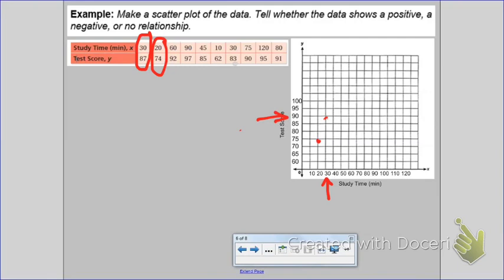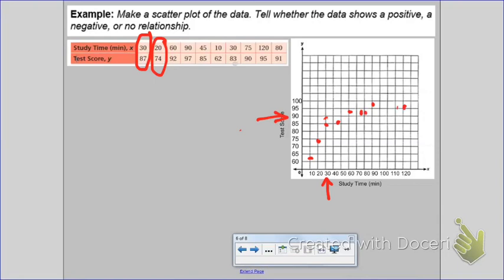So we have 60, 92, 90, 97, 45, 85, 10, 62, 30, 83, 75, 90, 120 and 95, and 80, 91.